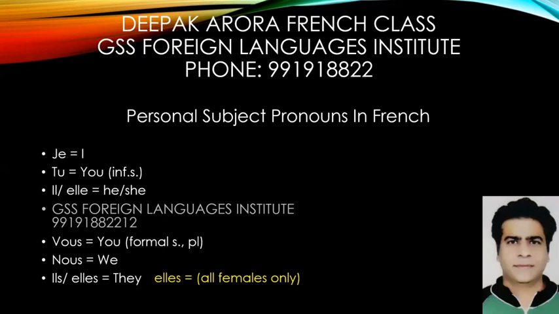But if the group of persons you are referring to by the word they consists of all males or some males and some females, or even one male and one female, then you will use ils. So no matter how many females are there, but if you have even one male in the group you are referring to with they, you will use ils.